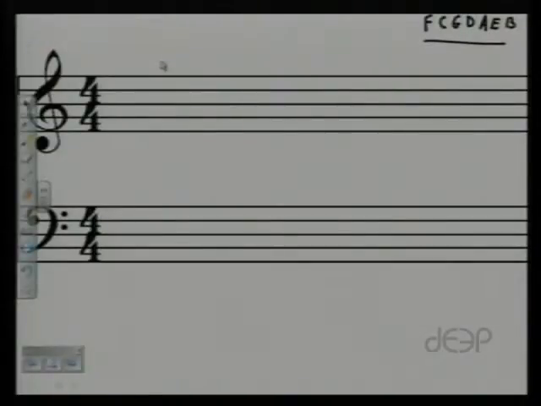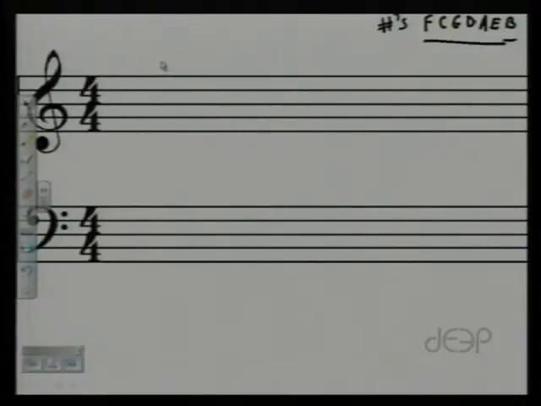Now, I'm not a mnemonic device guy, but some people are, and the mnemonic device people use for this is frogs can go dancing and eat bananas. If you want to remember that little sentence, frogs can go dancing and eat bananas, that will always give you the order of sharps.